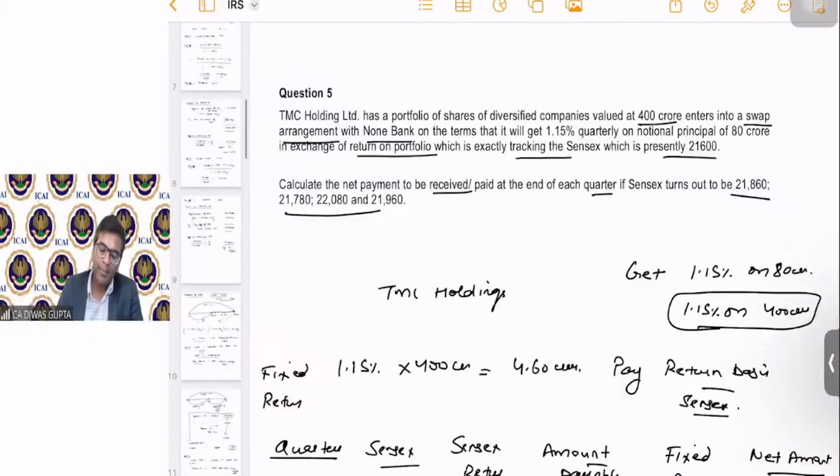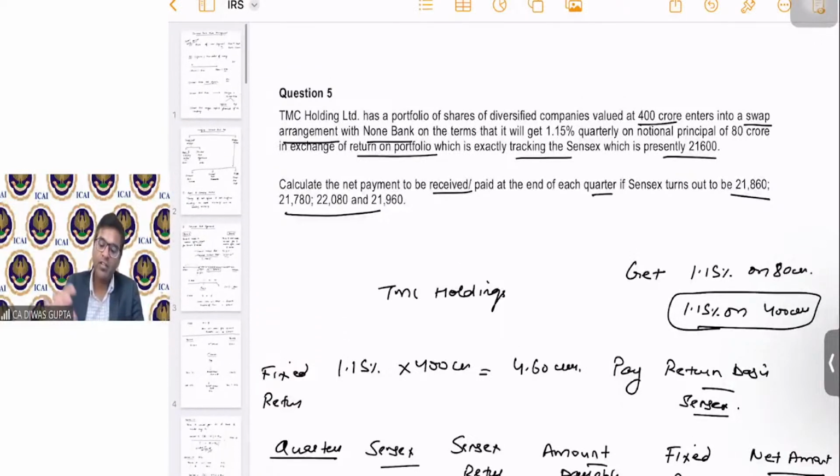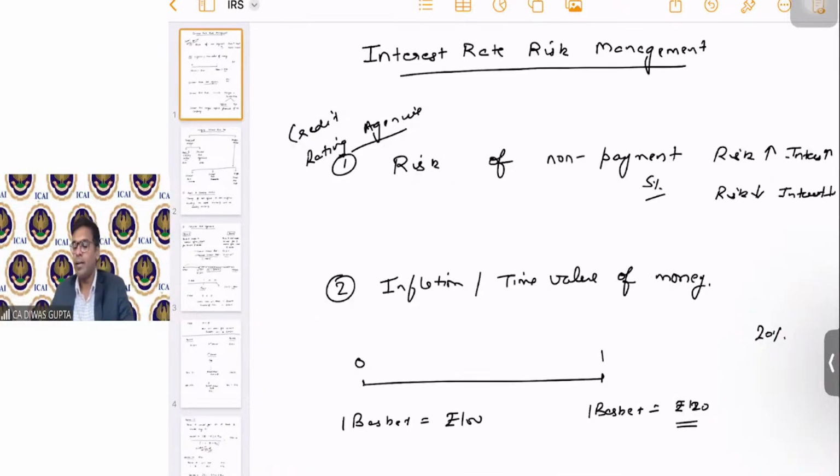Just to recap, what all things we have covered in today's session, students, right? So we started our discussion with the interest rate risk management topic, wherein we said that there are two primary reasons for paying any interest. One is definitely the risk of non-payment of interest or principal both. And second is the inflation or time value of money.